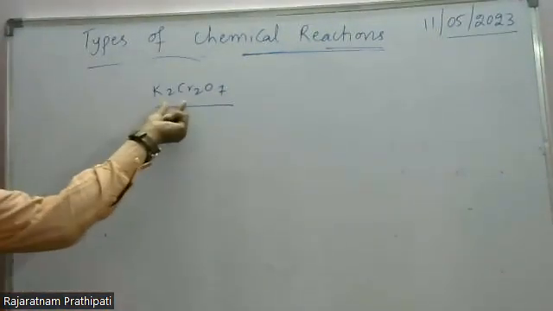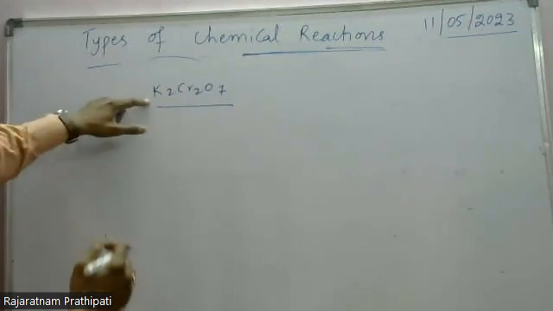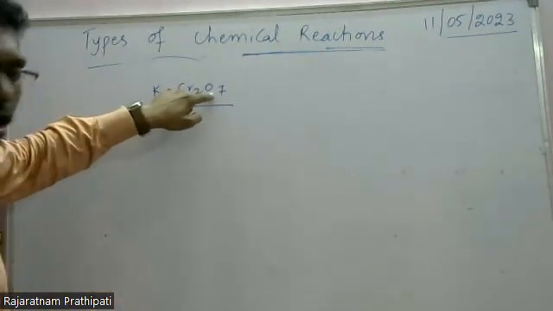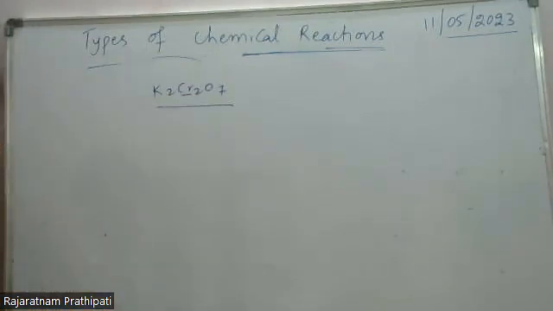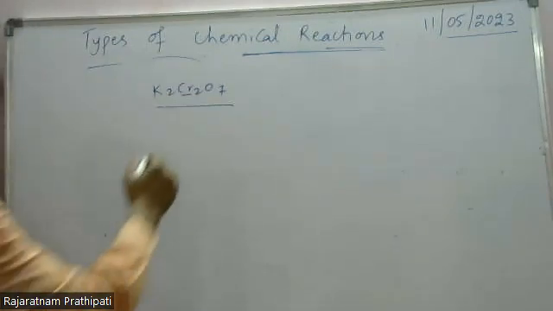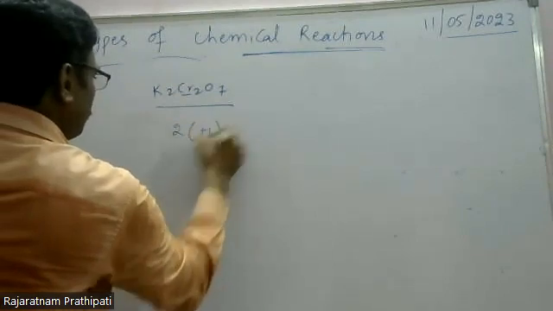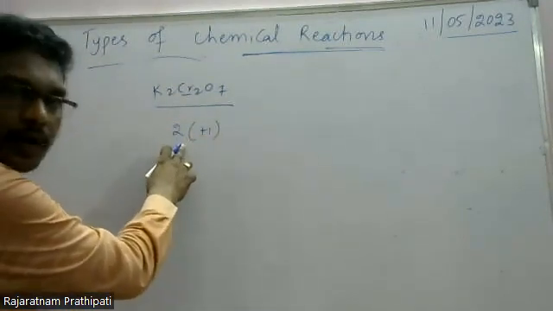Look at this K2Cr2O7. In this, potassium, chromium, and oxygen are there. The oxidation state of chromium is unknown. Potassium: 2 into +1, because potassium belongs to the 1A group.